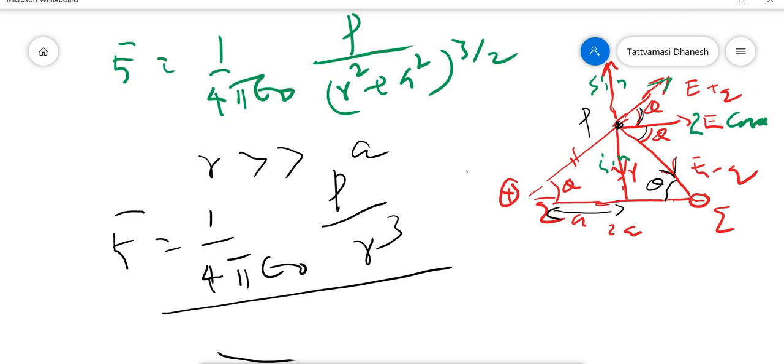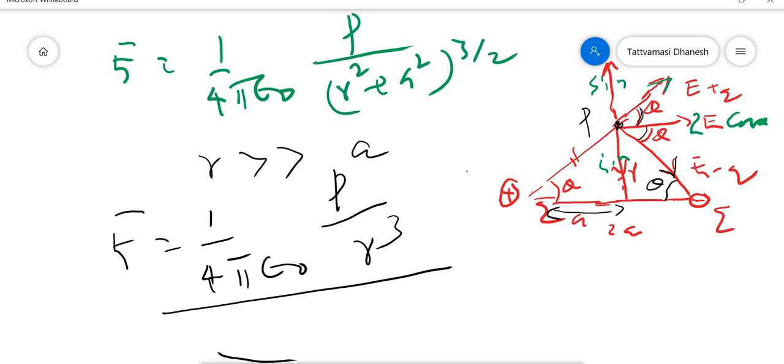So this equation, if you analyze for the axial position, you got it as 1 by 4 pi epsilon 0 into 2P by R cube. So for the equatorial position, it is half of that. In 2017, the common entrance test asked about the relationship between the magnitudes of the intensity of electric field at the axial position and equatorial position.